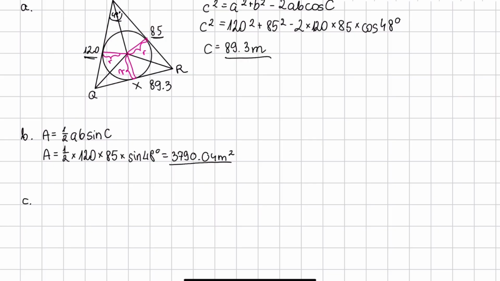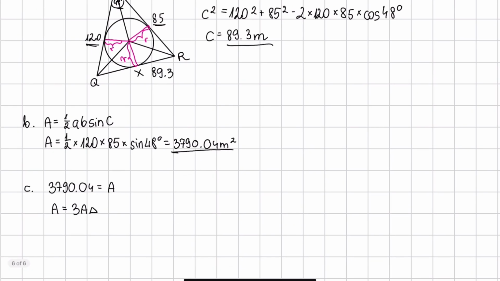And here we have the total area of the whole triangle, 3790.04. This is the area of the whole triangle, and we know that this area is made of the three areas of these smaller triangles.